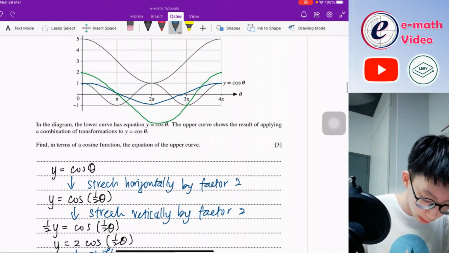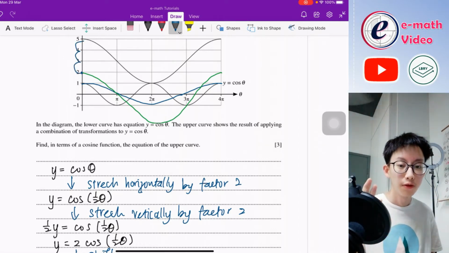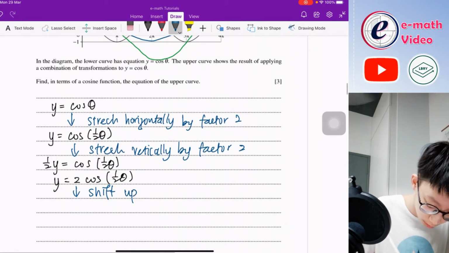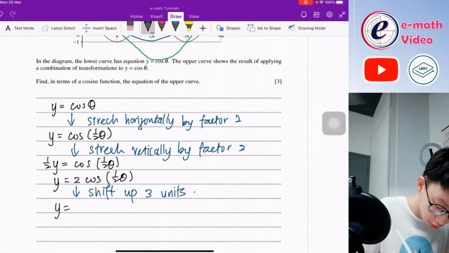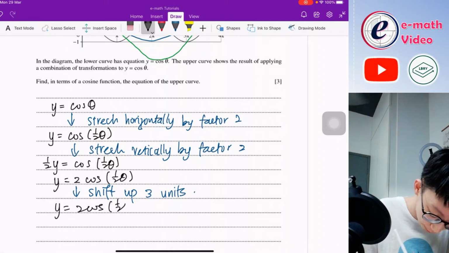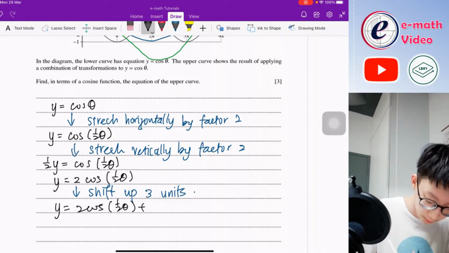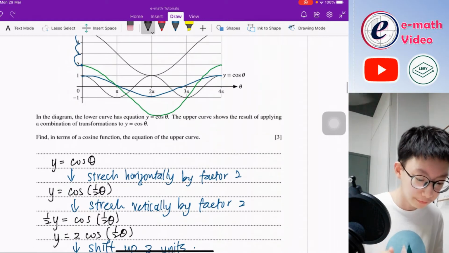From here you see 1, 2, 3. You actually shift 3 units up. So what you do is y equals 2 cos half theta, the whole graph, plus 3. And that's it. That's the equation of the upper curve.